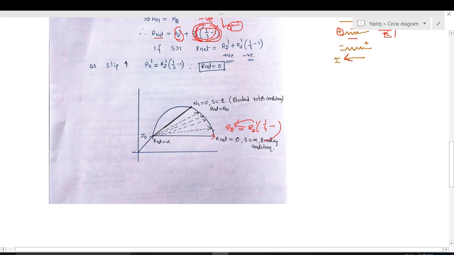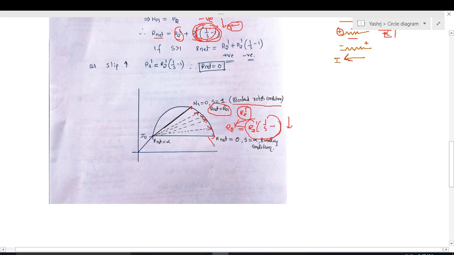As braking is applied to the rotor, this value reduces and goes toward the block rotor condition. Under block rotor condition, only R2 dash exists.